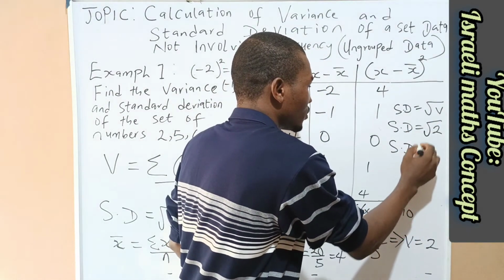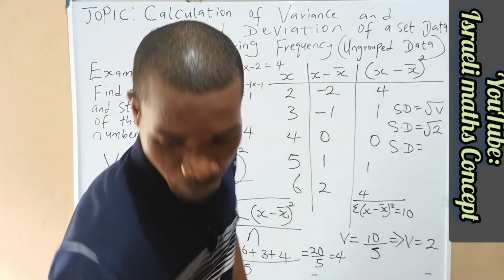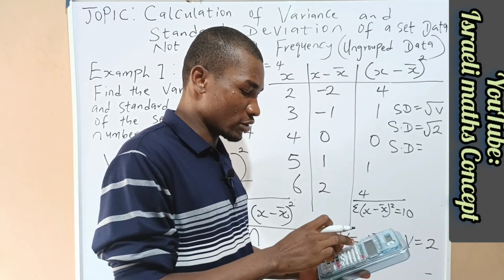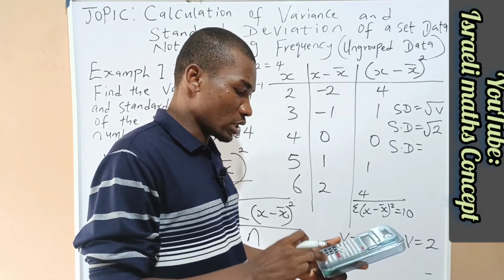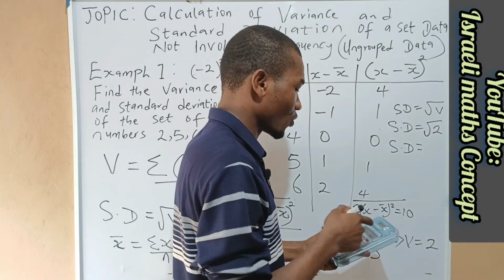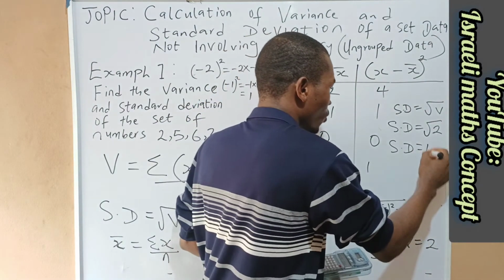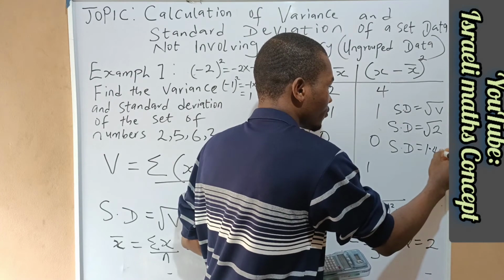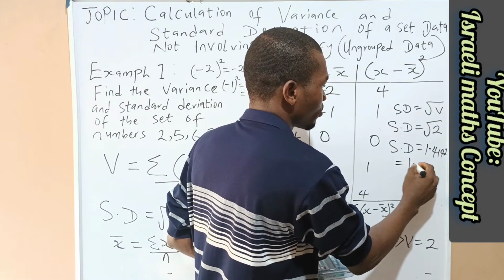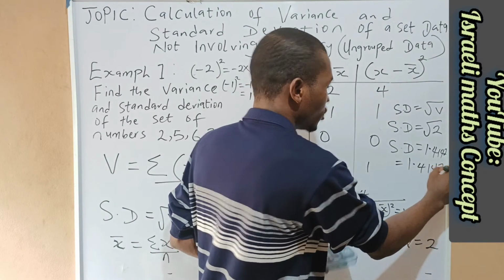Automatically, our standard deviation is equal to the square root of 2. Just punch the square root of 2 into your calculator, and from my calculator, I have 1.4142. Let me just write it here for convenience, 1.4142.